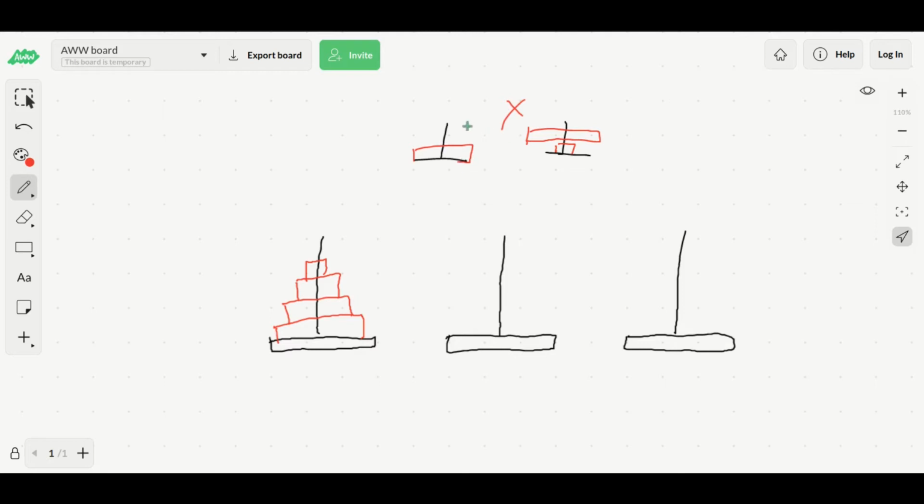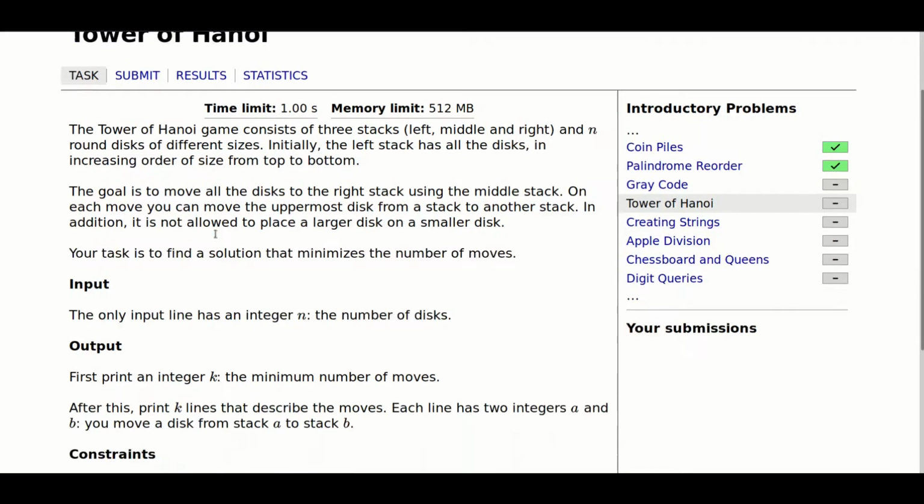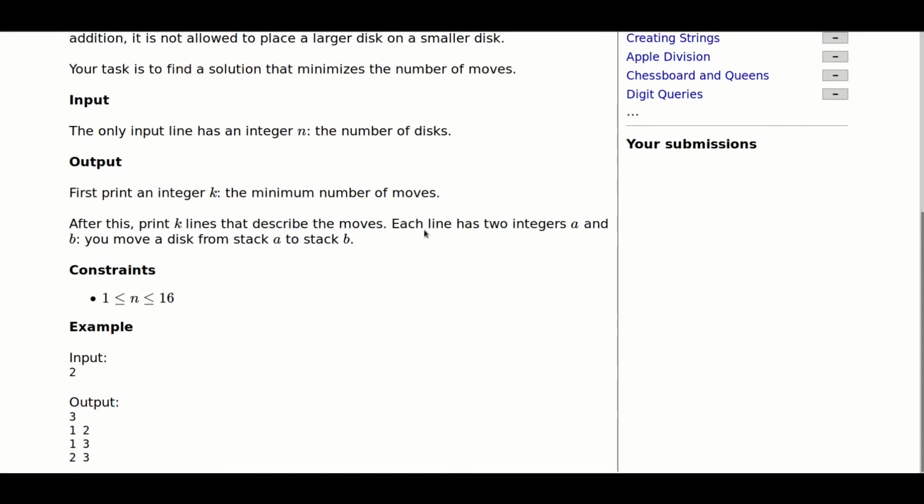But besides that, we can always take the uppermost disk and put it on another stack if that stack is empty, or the uppermost disk on that stack is larger than the disk we want to put on top of it. So this is pretty much it, and our task is to find a solution that minimizes the number of moves.